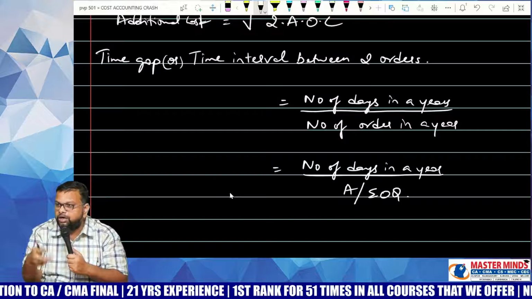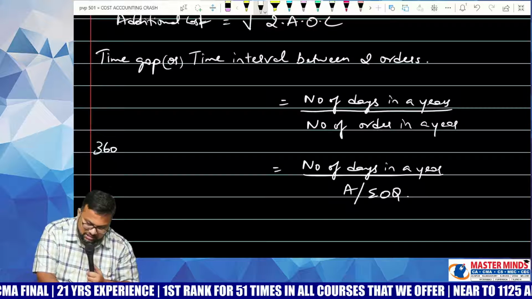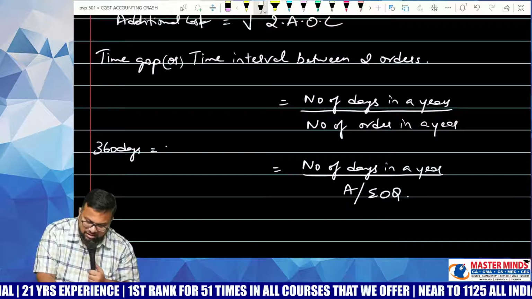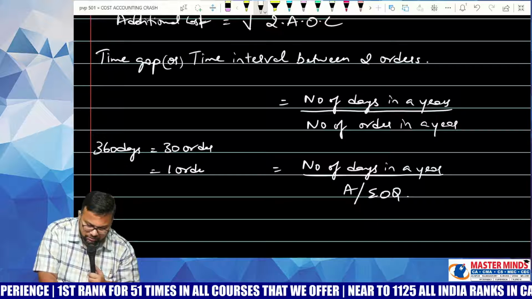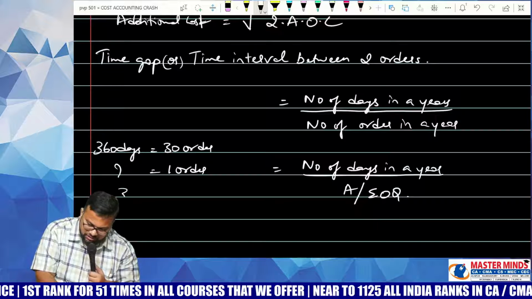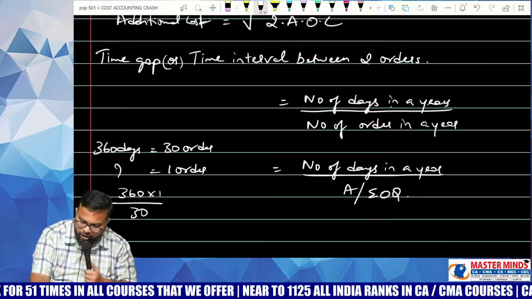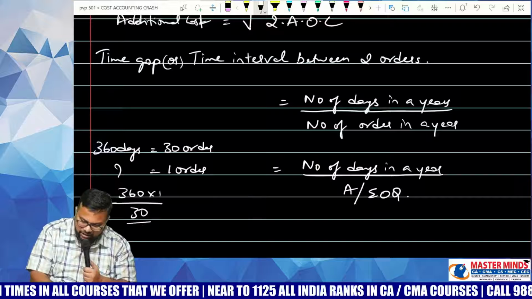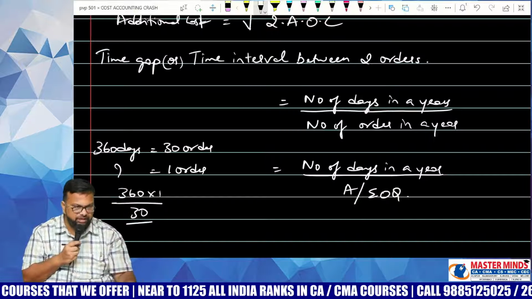So for one order, how many days? It is nothing but 360 into 1 divided by 30. Number of days in a year divided by number of orders in a year. So basing on that logic, we have come up with that formula.